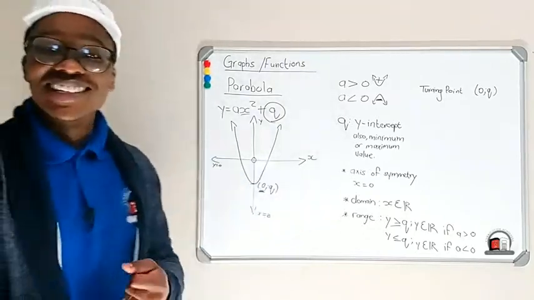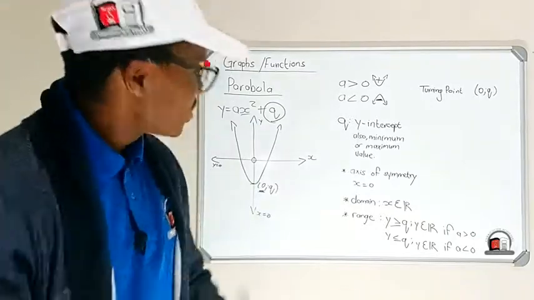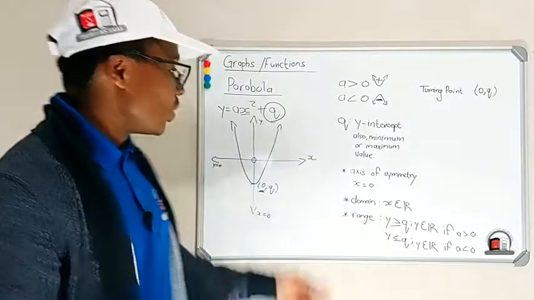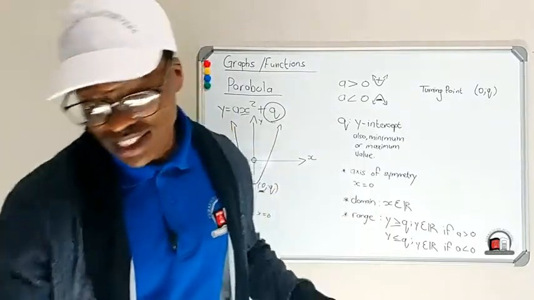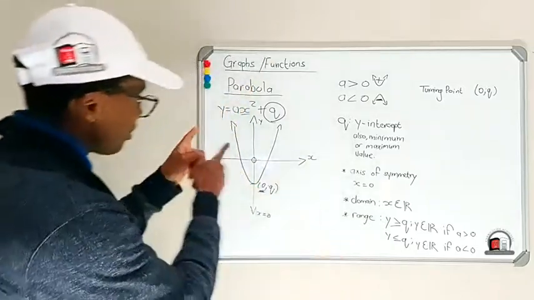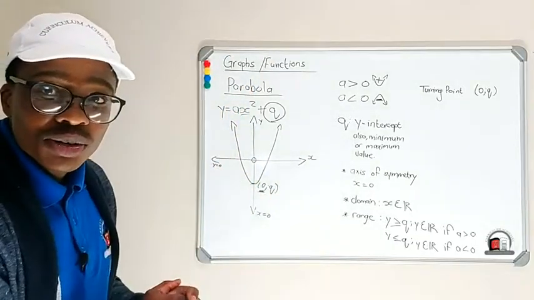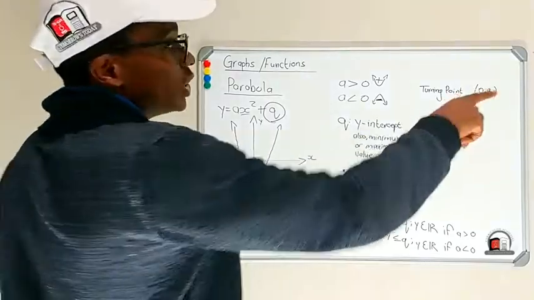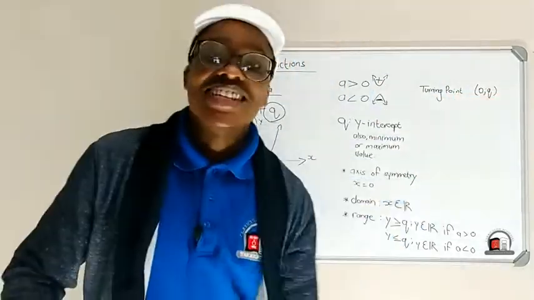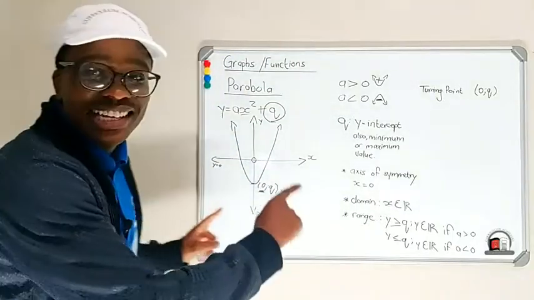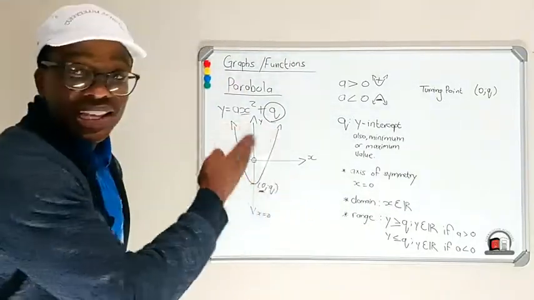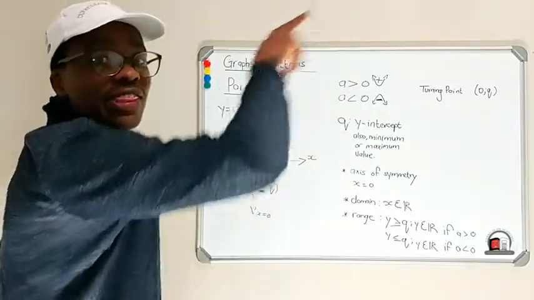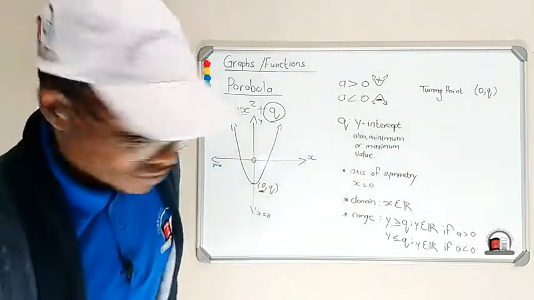Domain. Domain deals with x. Okay, so x is an element of real numbers. Now let me tell you what this means. Look at your graph. Do you agree with me that if we drew this graph, the x value would continue going that way and nothing would stop it?